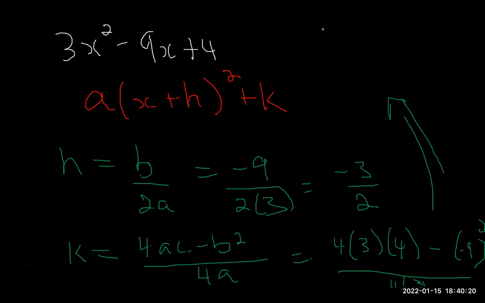This is going to give me 4 times 4 is 16, times 3 is 48, 48 minus 81. So let me write that down, 48 minus 81 on 12.